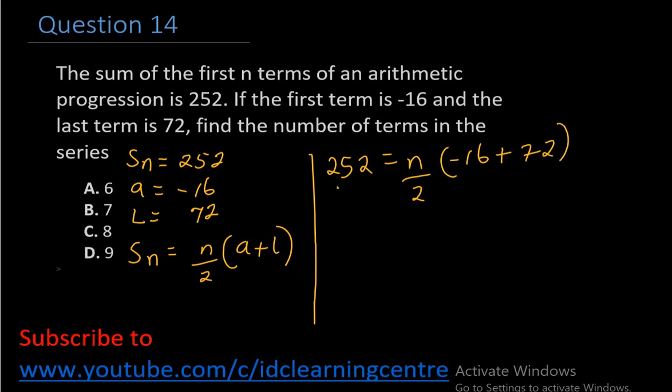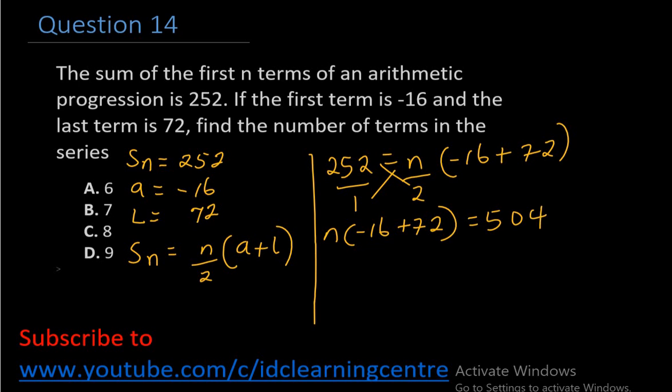So this over 1 cross multiply, it will give us n bracket minus 16 plus 72 equal to 252 times 2 will give us 504.